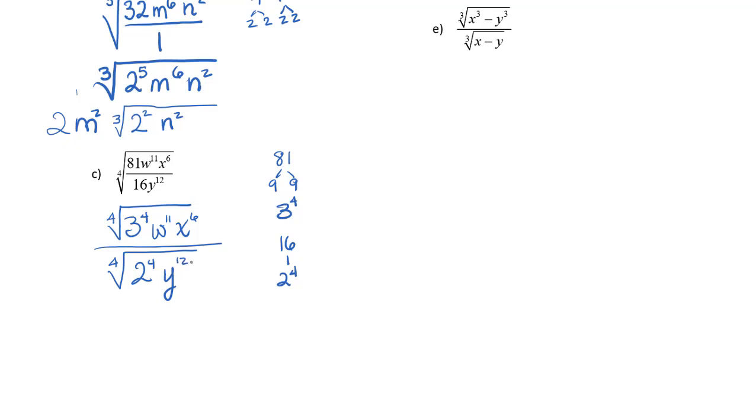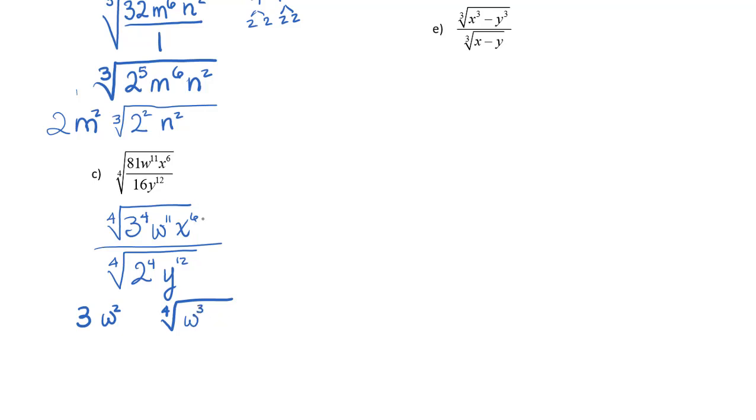Now, why did I write it as separate pieces? Well, if you look at all the factors in the numerator, nothing in the numerator will divide with anything in the denominator. So then we can just rewrite this as 3 comes out, w to the second comes out, and we're left with a 4th root of w to the third inside.